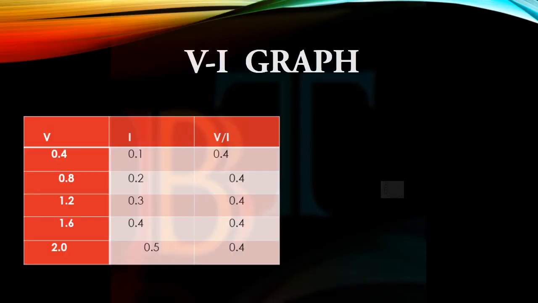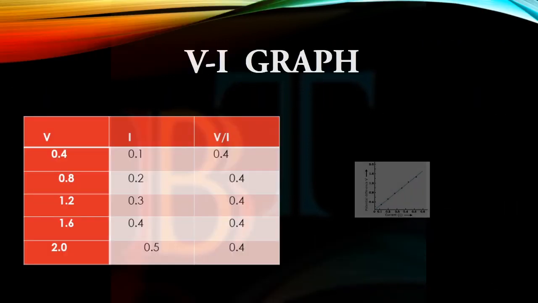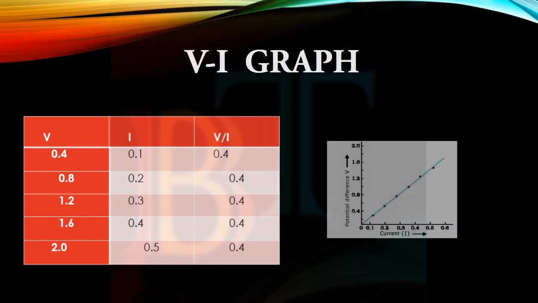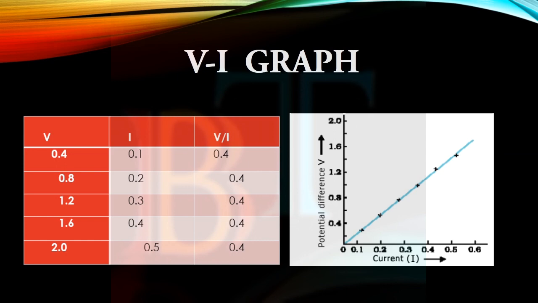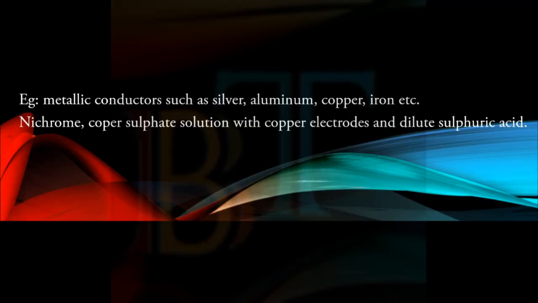Hence, ohmic resistors obey Ohm's law, and VI graph of all ohmic resistors are linear. For example, the metallic conductors such as silver, aluminum, copper, etc., nichrome, copper sulfate solution with copper electrodes, and dilute sulfuric acid, etc., are ohmic resistors at constant temperature.